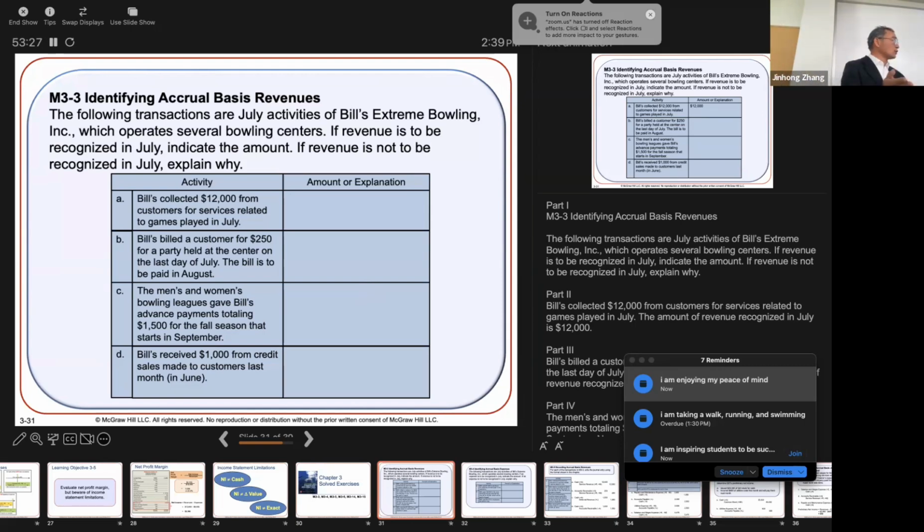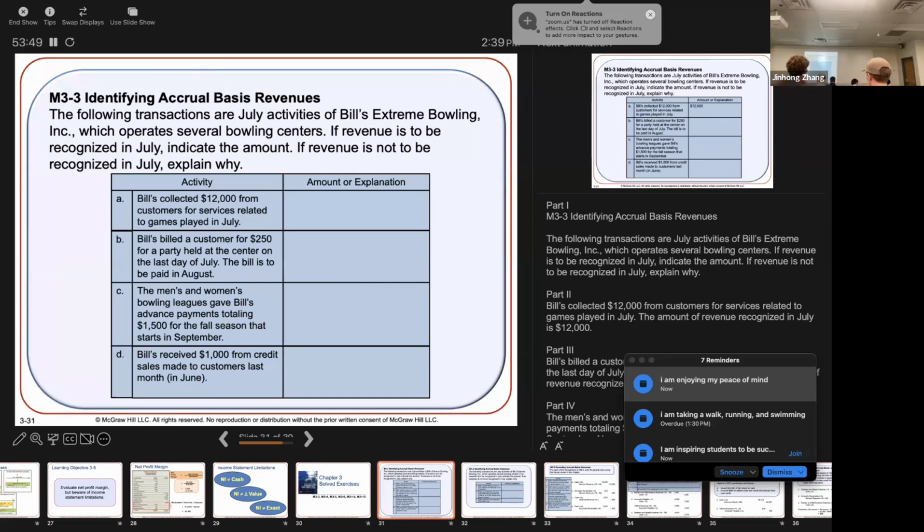Okay, it may help you to do your homework. Identify accrual basis revenue. The following transactions are July activities of Bill's Extreme Bowling Inc., which operates several bowling centers. If revenue is to be recognized in July, indicate the amount. If revenue is not to be recognized in July, explain why.